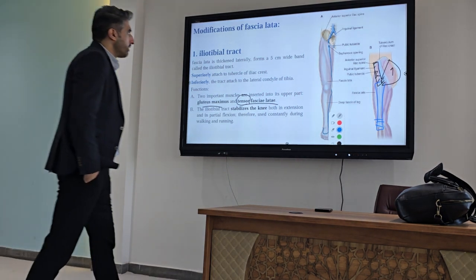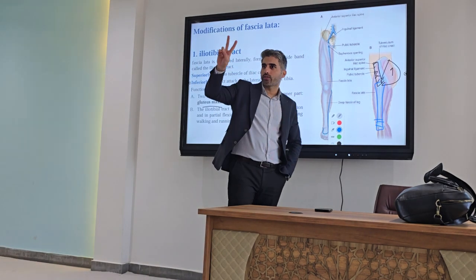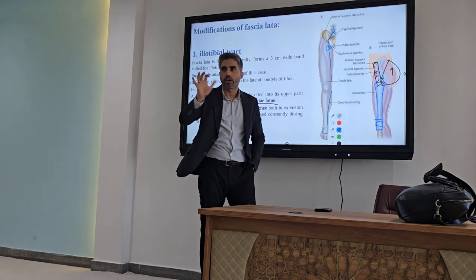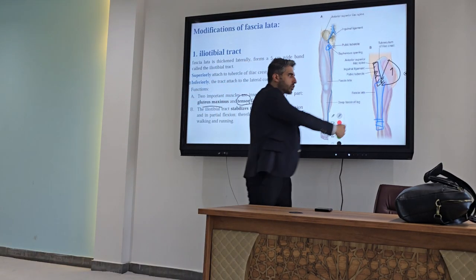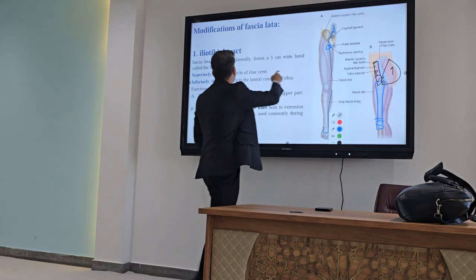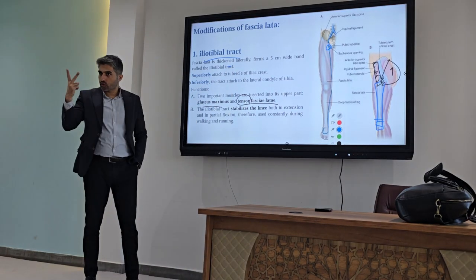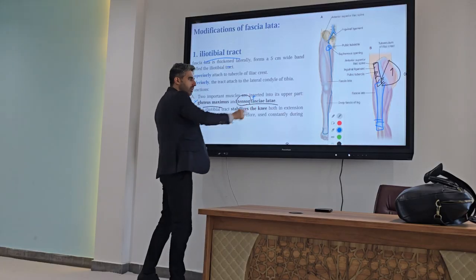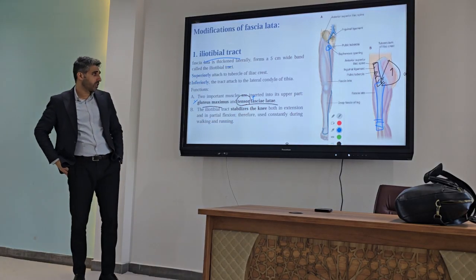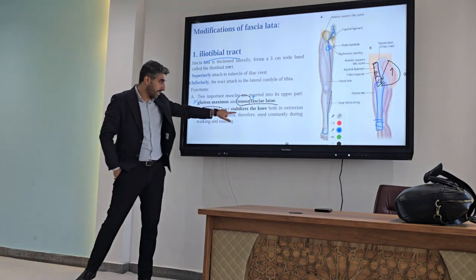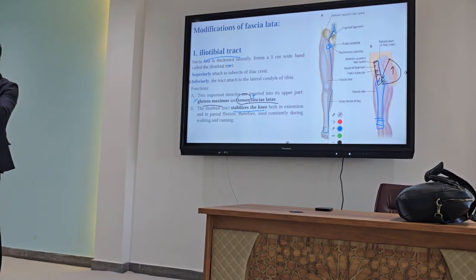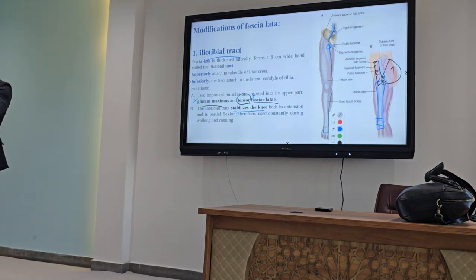So in the fascia lata, we have two structures: one opening, the foramen, which I explained, and one tract, the iliotibial tract. Two muscles attach to this tract, gluteus maximus and tensor fascia lata. What is the function? Stabilize the knee, make it stable, protect it.